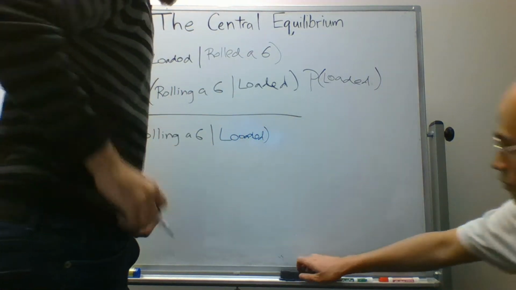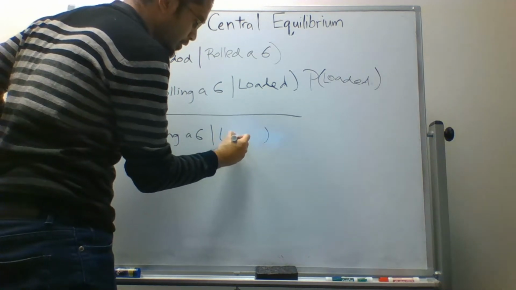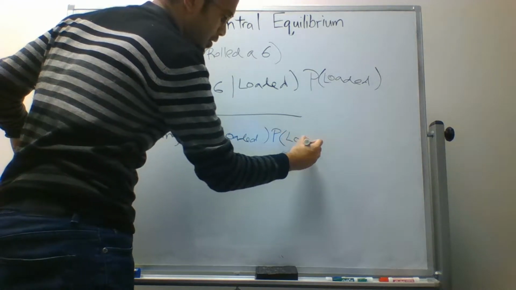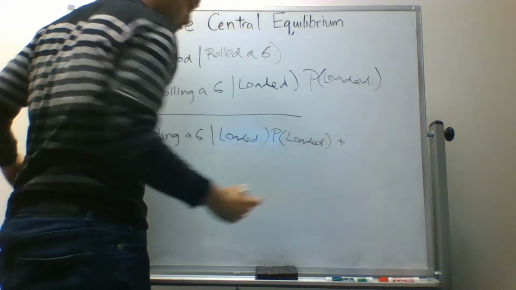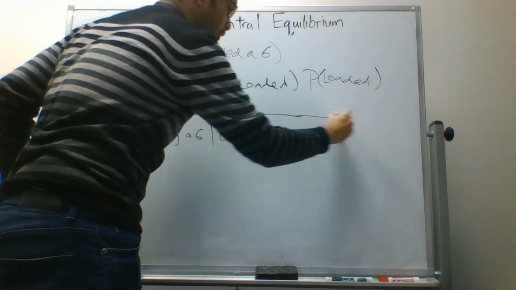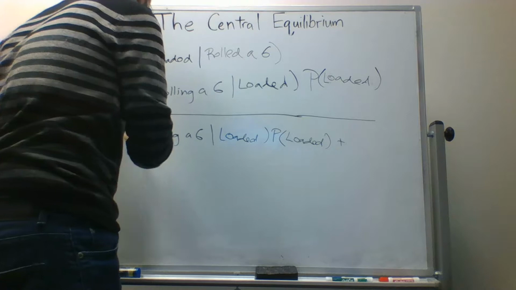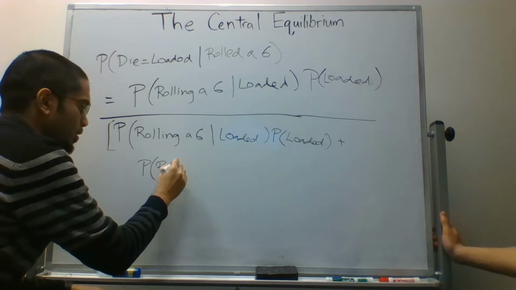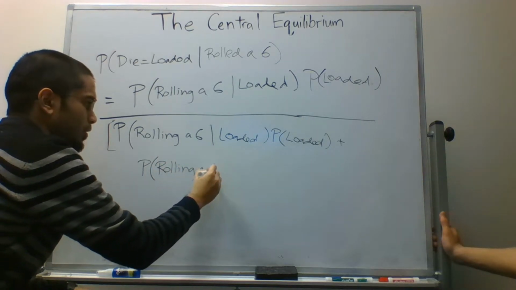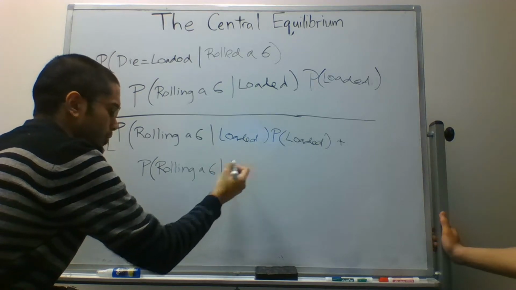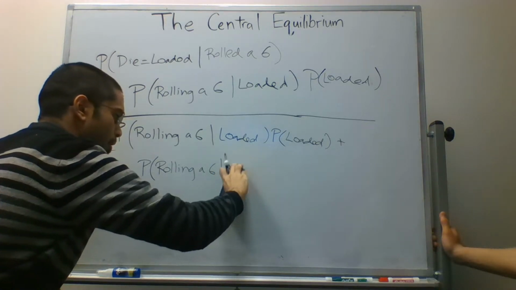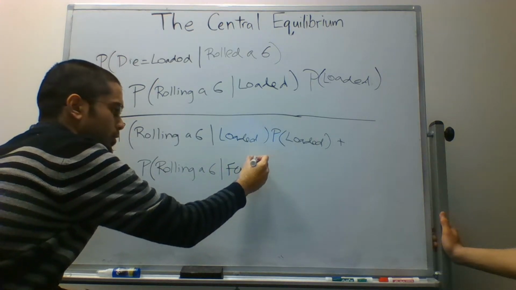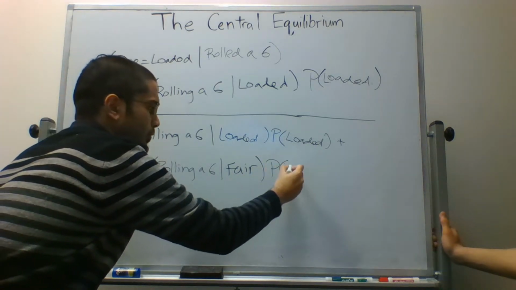Loaded, times the probability of the die being loaded, plus the probability of rolling a 6 given that it's not loaded, or given that it's fair, times the probability of being fair.